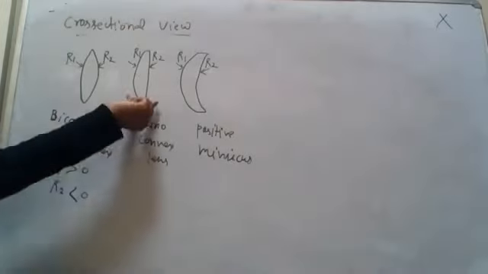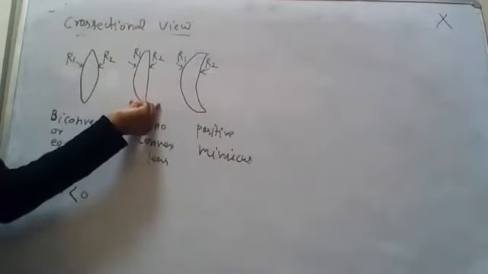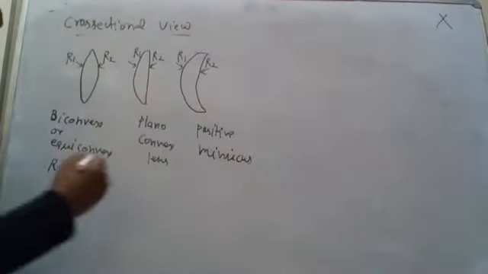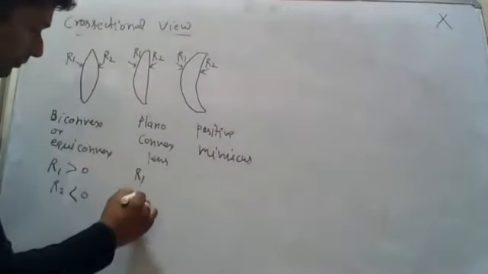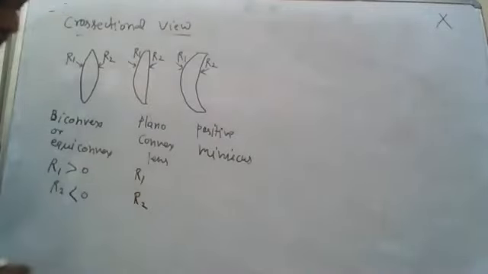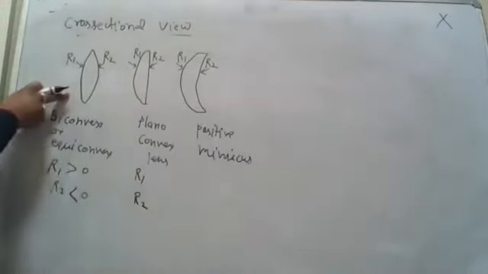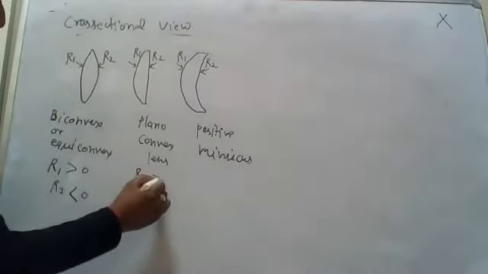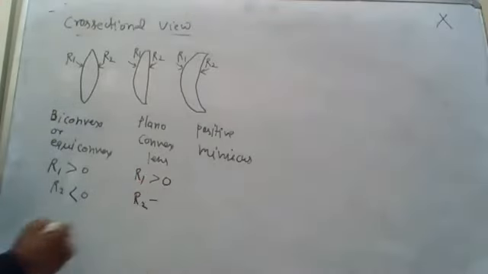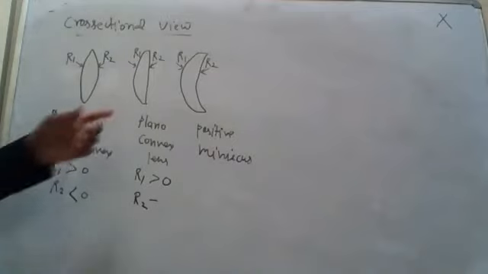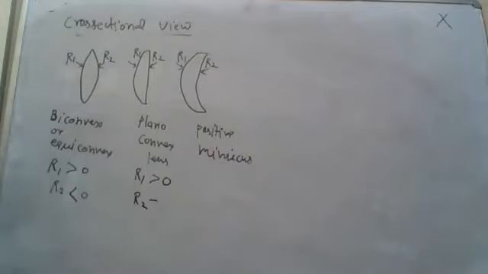Similarly, can you tell what is the radius of curvature in this case, R1 and R2? In this case, R1 is similar to this, so R1 will be positive. What about R2? R2 is infinity, sir.